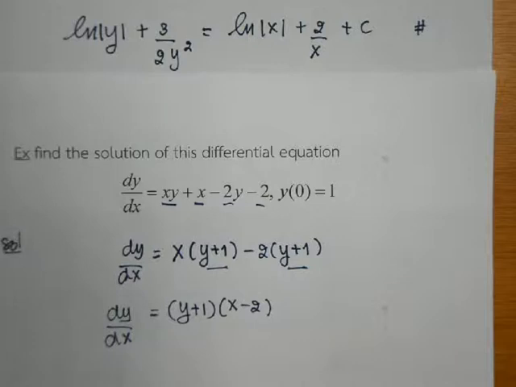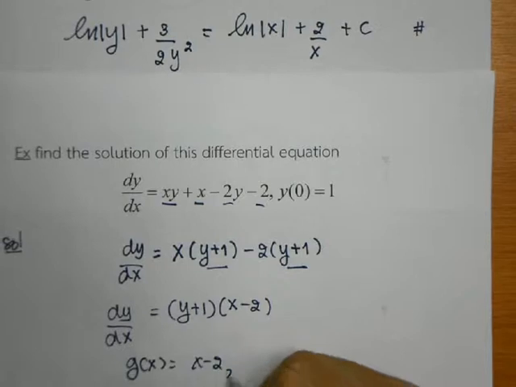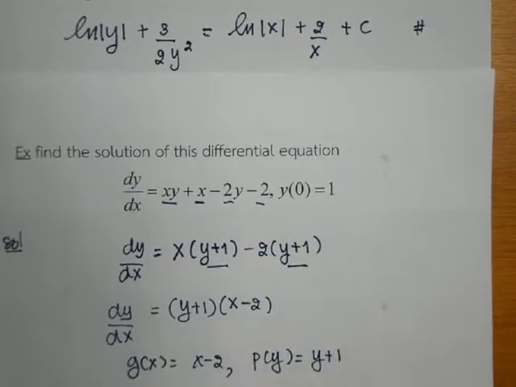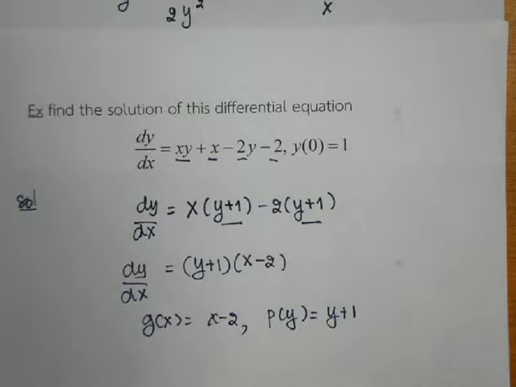Okay? Now, g(x) is equal to x minus 2 and p(y) is equal to y plus 1. Right? So what we do next is just put any term of y with dy and put any term of x with dx. By doing this, we would end up with 1 over y plus 1 dy is equal to x minus 2 dx.